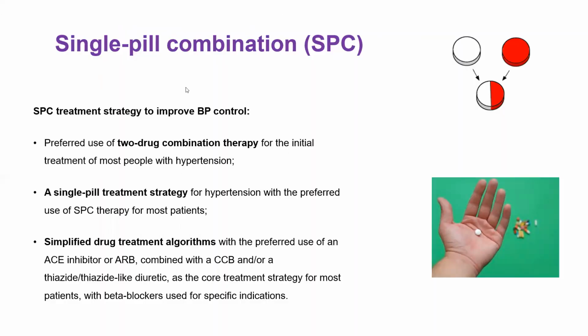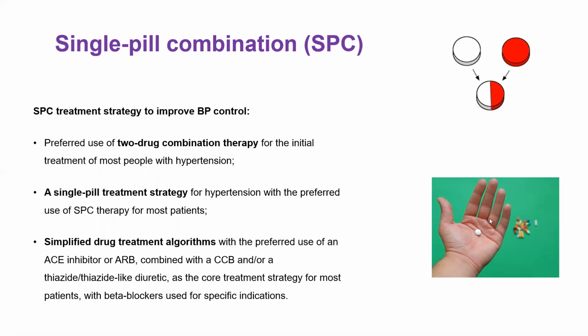Single pill combination. Currently, this strategy has been recommended by recent clinical guidelines, and this strategy has been proved in clinical studies. What is the main principle of single pill combination? Most of patients need combination of several antihypertensive medications, but the main question is patients' compliance.